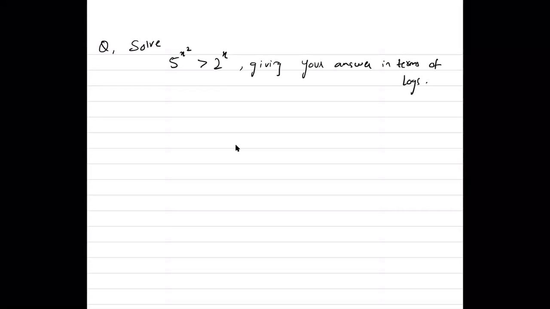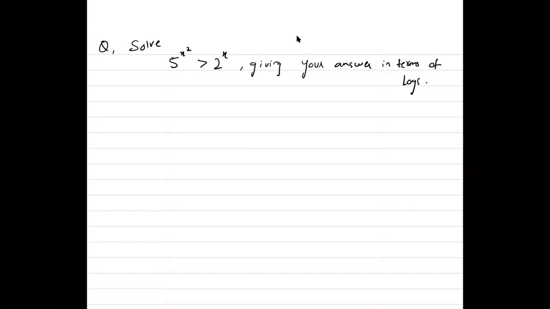So I have one more question for you. Let's say you were given this: solve 5x square greater than 2 raised to the power of x, and you want to give your answer in terms of logs. How are you going to do that? What is the first step that comes to your mind?